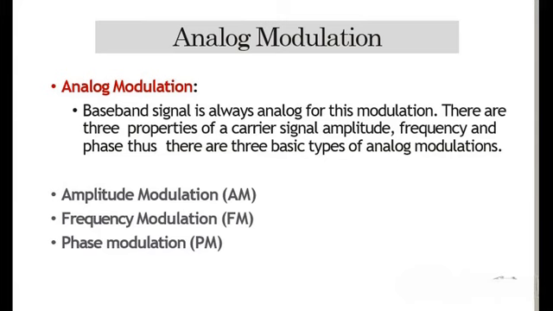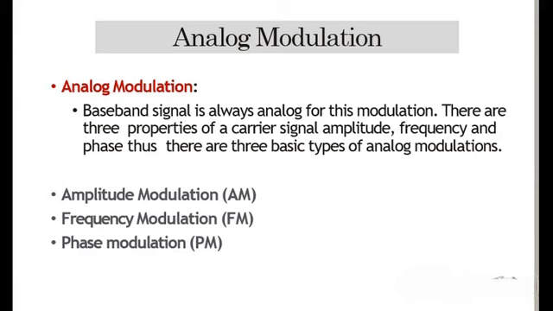Phase modulation is a tool for conditioning a communication signal for transmission. It encodes a message signal as variation in the phase of a carrier wave. Phase modulation is the principal form of angle modulation, together with frequency modulation.